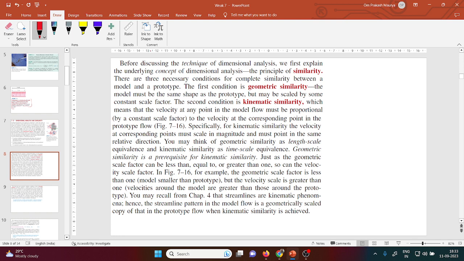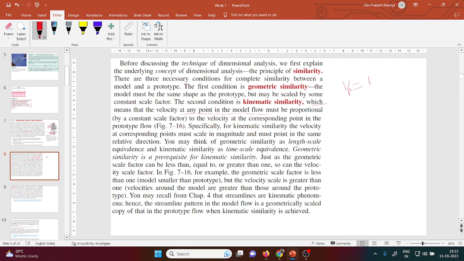The kinematic similarity means that the velocity at any point in the model flow must be proportional, by some constant scale factor, to the velocity in the prototype. Prototype means the actual thing.